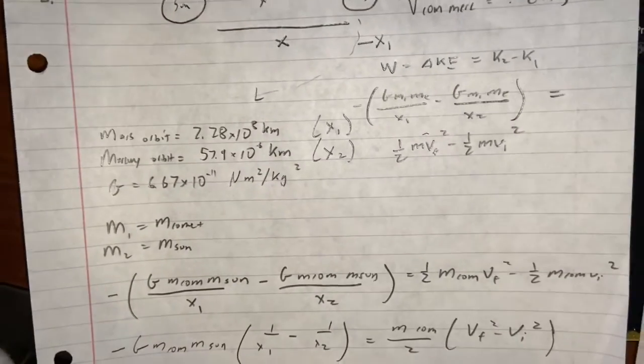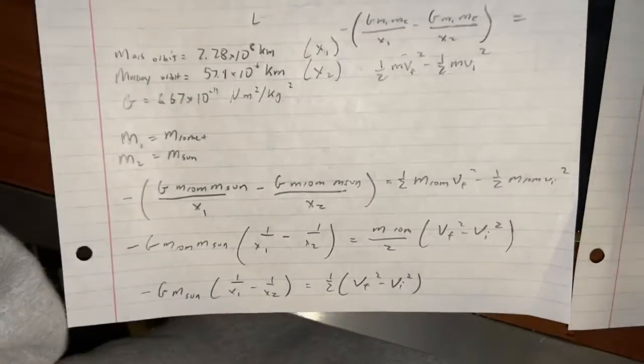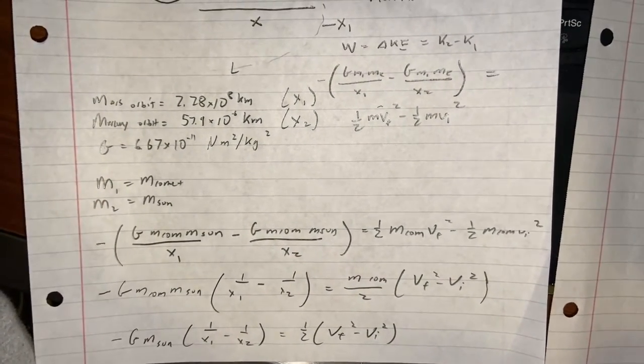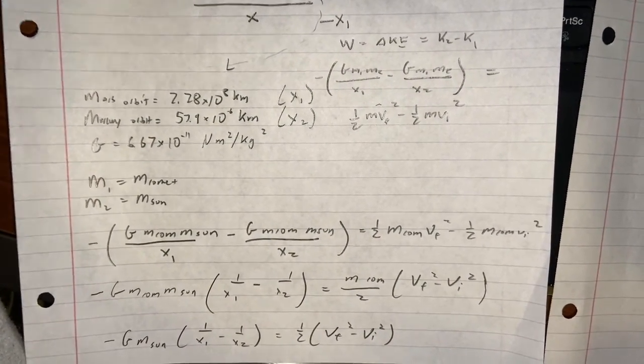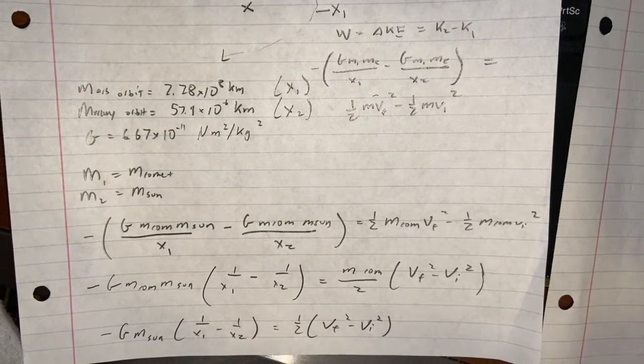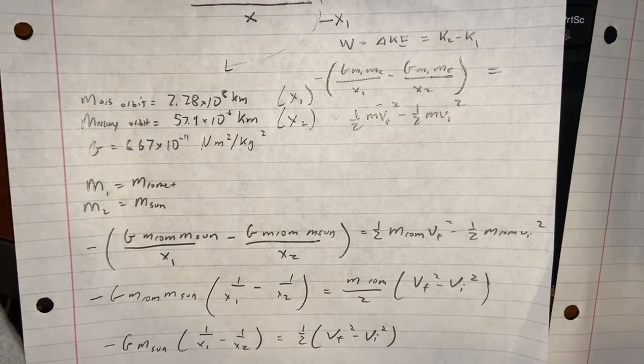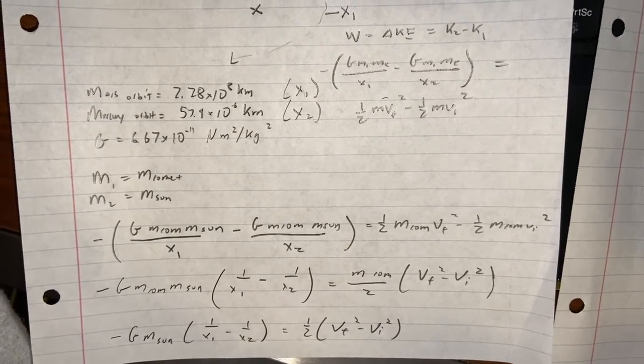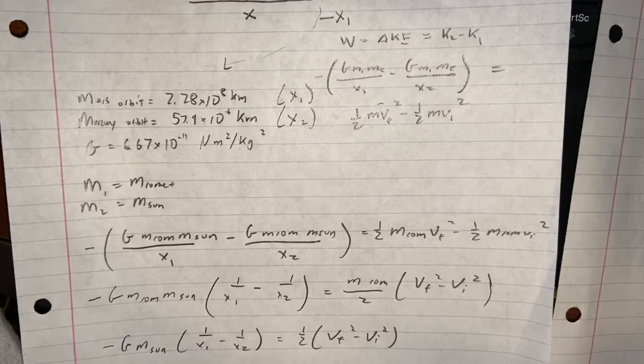Those are both in kilometers, and we're given the gravitational constant. So we're going to end up plugging that back into this equation, and we know that m1 is going to be the mass of the comet, and m2 is going to be the mass of the sun, because those are the two objects that we are seeing interacting in this system. And then we also are going to get the velocity of the comet.